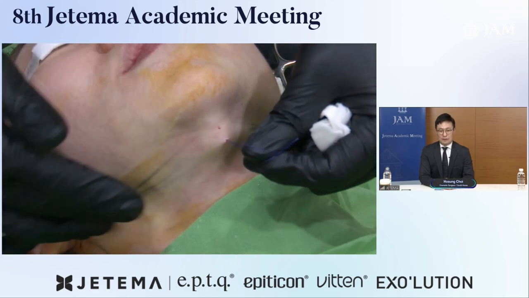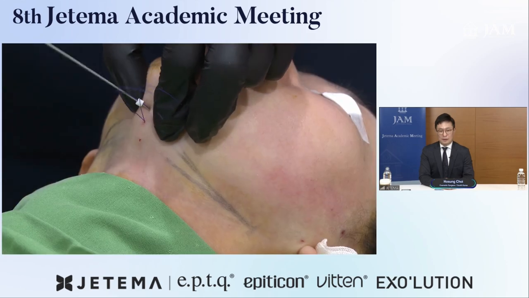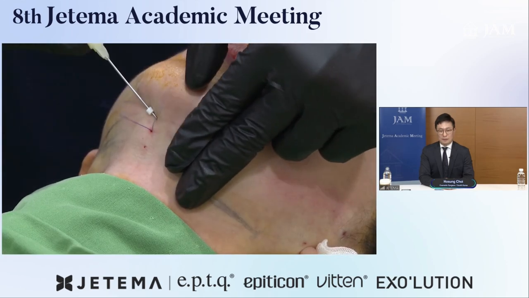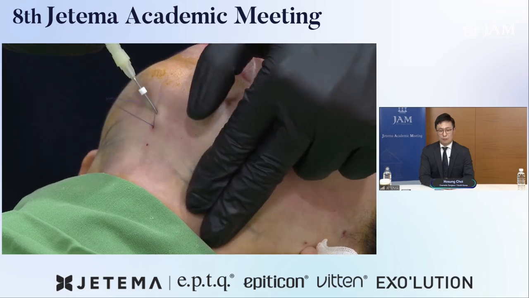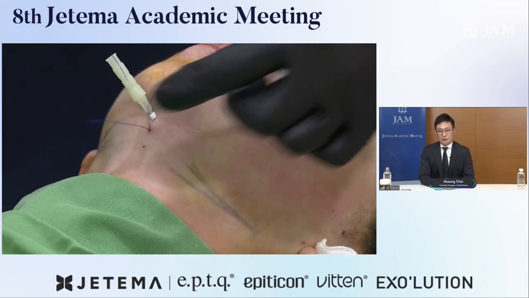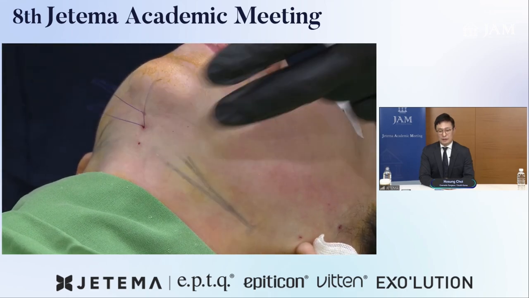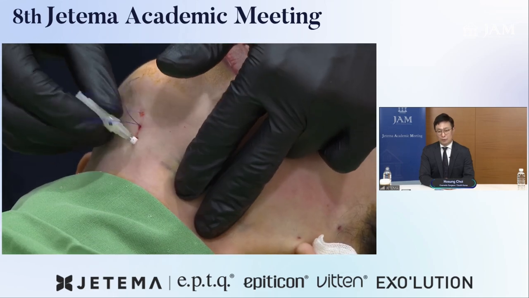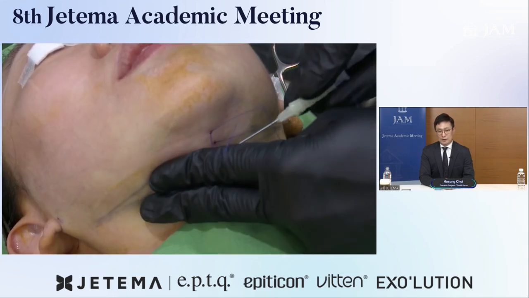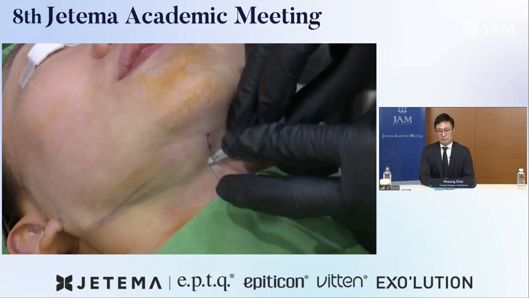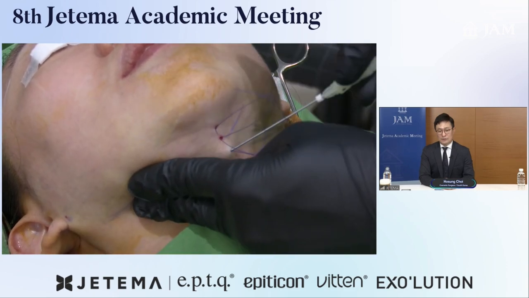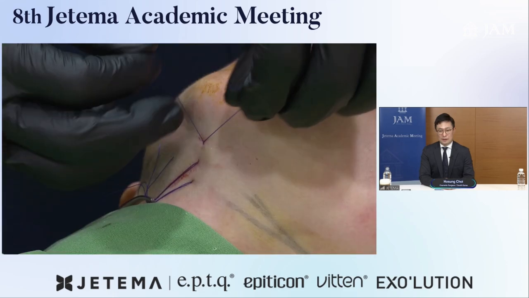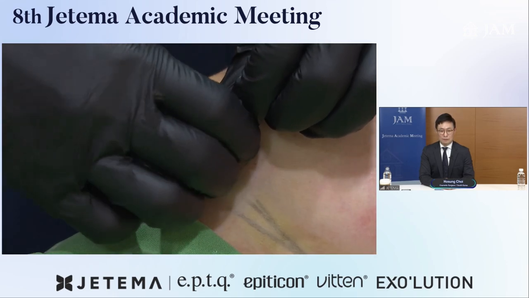And I insert it into both sides using the same entry point. And another Epidicon Bi is inserted. When removing the cannula, you need to hold the skin and lift up towards the entry point. After fully inserting the threads, I am tying 2 threads.